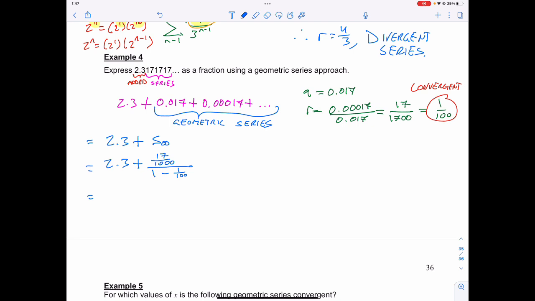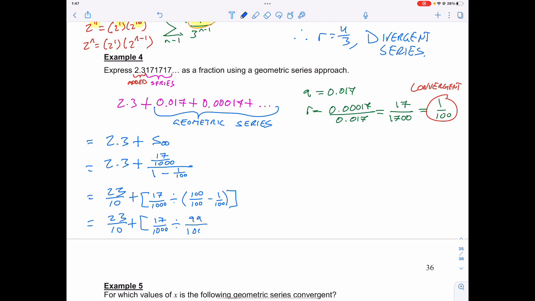This is going to equal, well, 2.3 is the same as 23 over 10 plus 17 over 1,000 divided by 100 over 100 minus 1 over 100, or 23 over 10 plus 17 over 1,000 divided by 99 over 100.